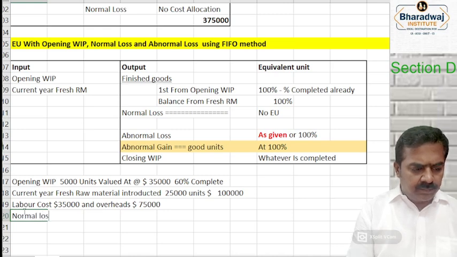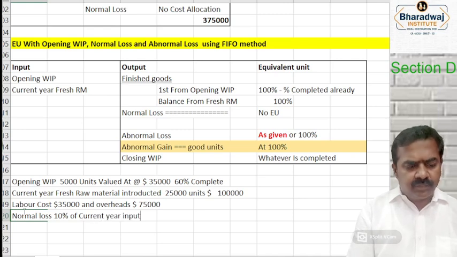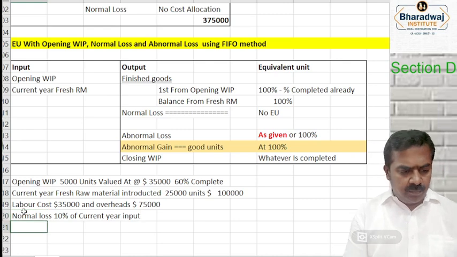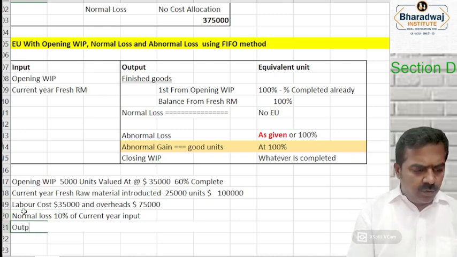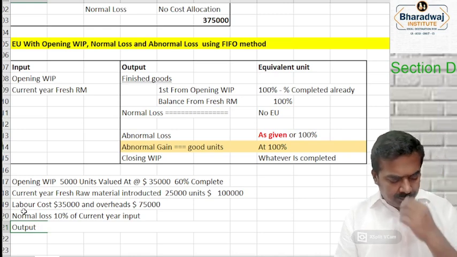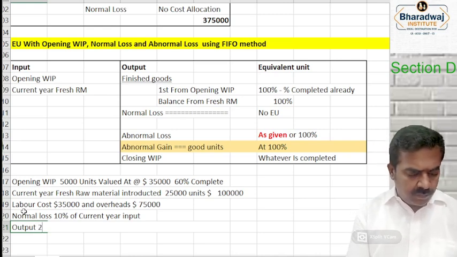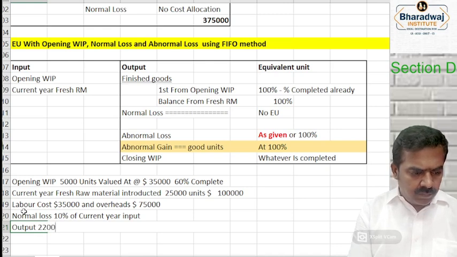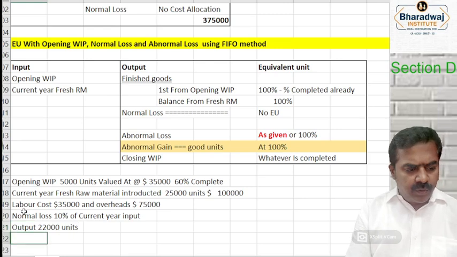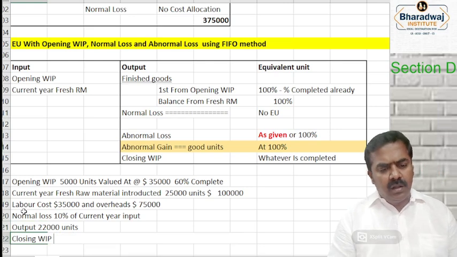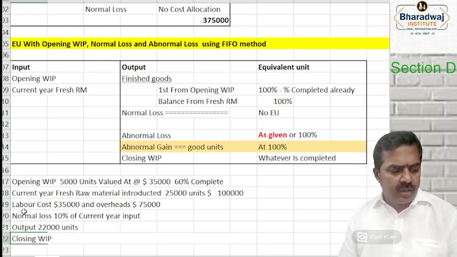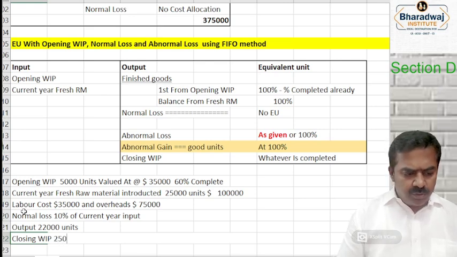Normal loss is 10% of current year input. Output is 22,000 units. Closing work in progress is 2,500 units.